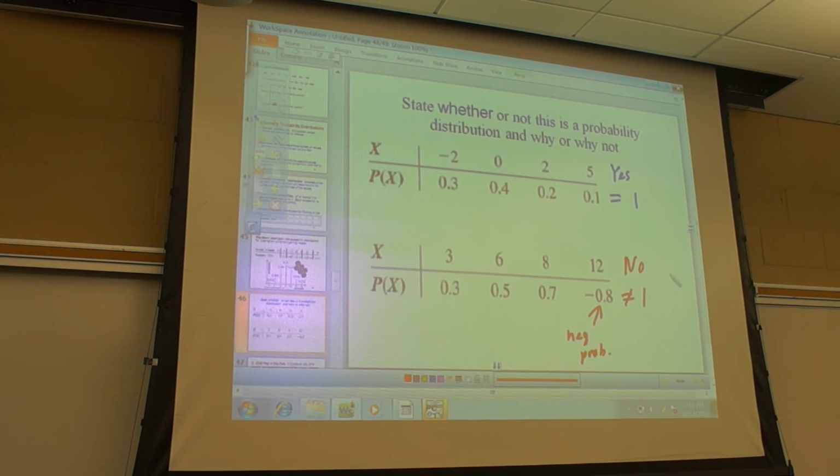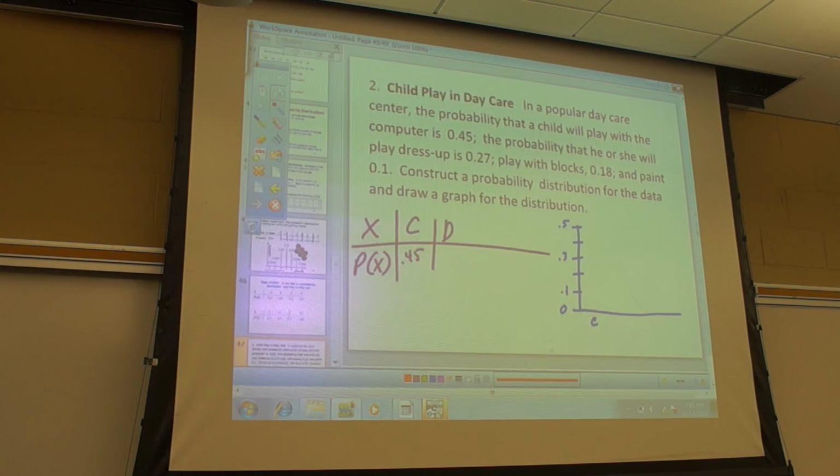Perfect. Good. Great. Now this one, let's see, what were the rest of these options? They were dress up, blocks, paint, and it is 0.27, 0.18, and 0.1. So then down below I have dress up, blocks, and paint. This one should go up to 0.45.